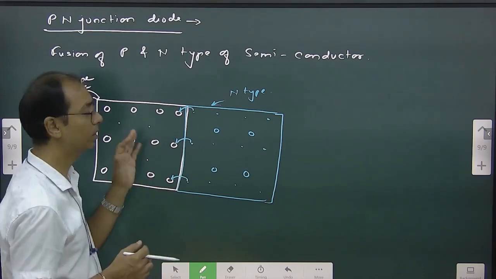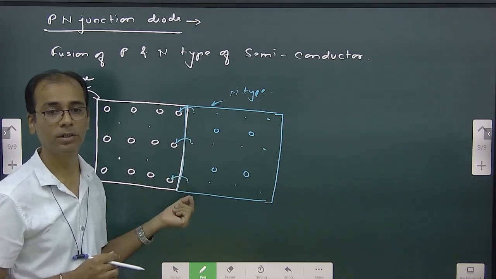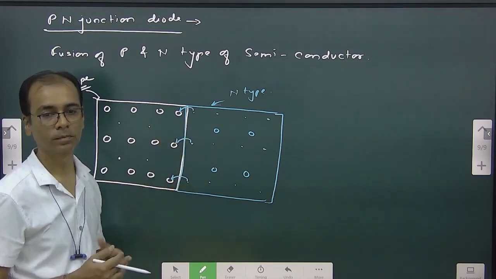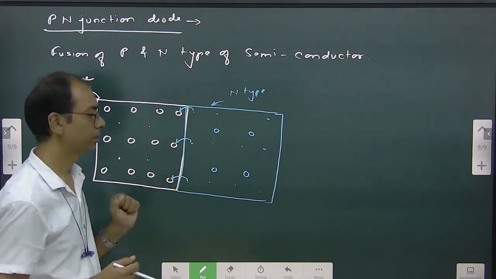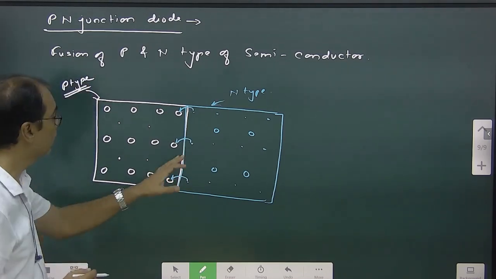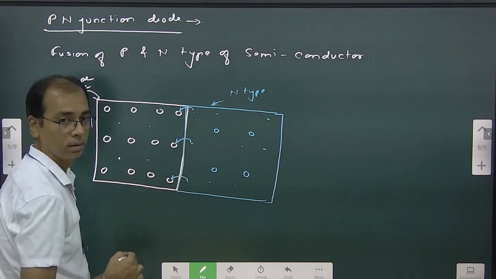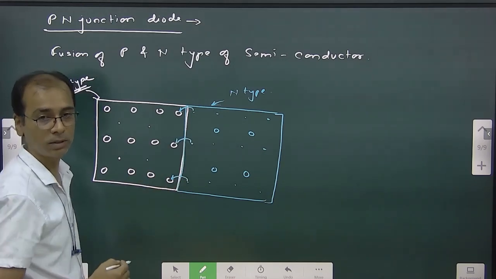Electrons have jumped. Why have they jumped? Because these were energetic electrons. They had the energy, so they jumped to occupy the vacancy which was there in P. So this here became positive because they lost the electrons, and this became negative because they got the electrons.